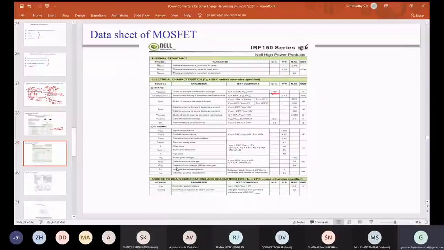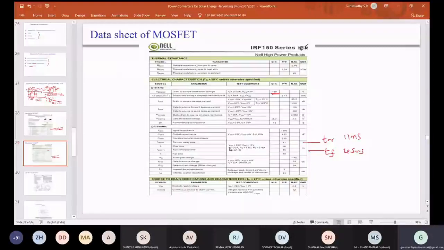This is the rise time, fall time. So 11 nanosecond, then 45 nanosecond. All these things are there. So these are the things you have to look into in the device specification while selecting the device.